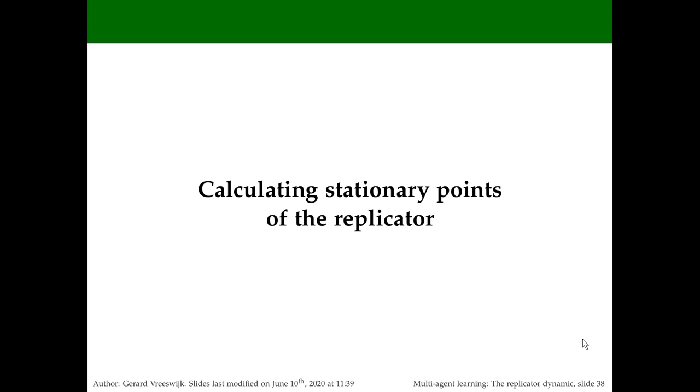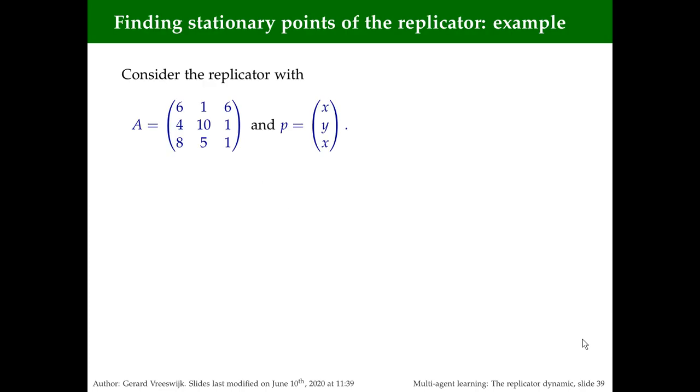So you can actually calculate the stationary points of the replicator. This is not much discussed in the literature, probably because it's so evident, but I didn't find it evident. And I only very lately discovered that you can simply calculate them. So let's do that with an example.